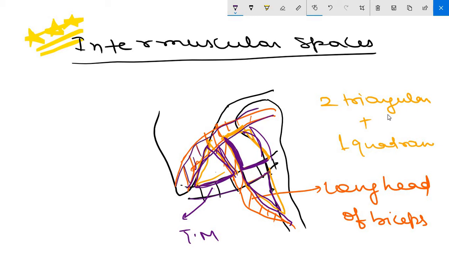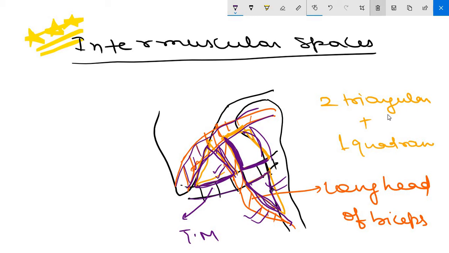This is the boundary of this space. Coming to the boundary of the lower triangular space: medially it is bounded by the lateral border of the long head of triceps brachii, laterally it is bounded by the humerus, and superiorly it is bounded by teres major.